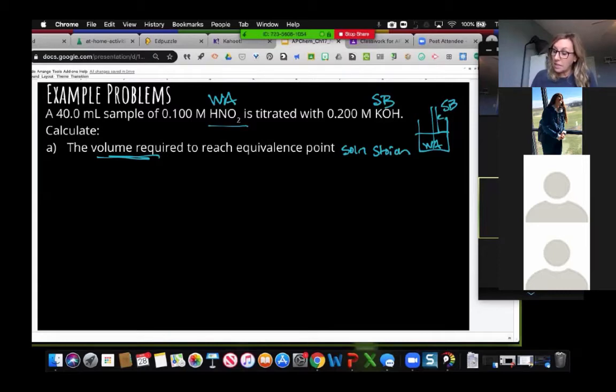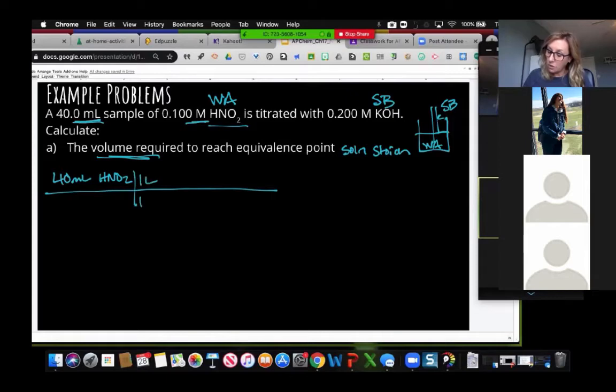The weak acid has milliliters and a molarity with it, so we're going to use that to start with. I'm going to start with my 40 milliliters of HNO2, convert it to liters, and then use the concentration to get it to moles.